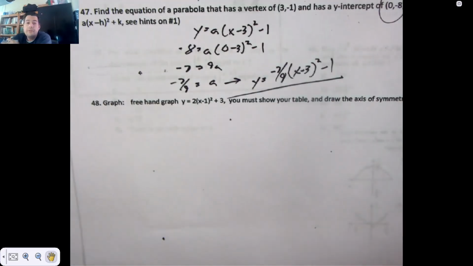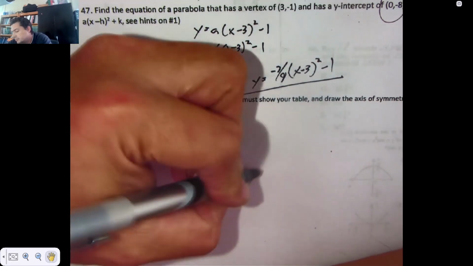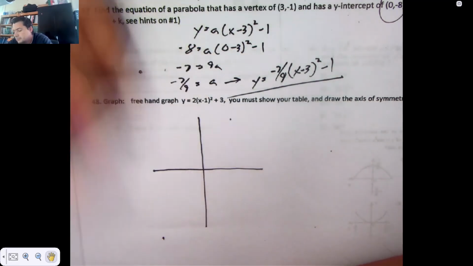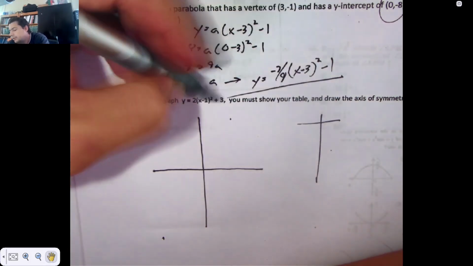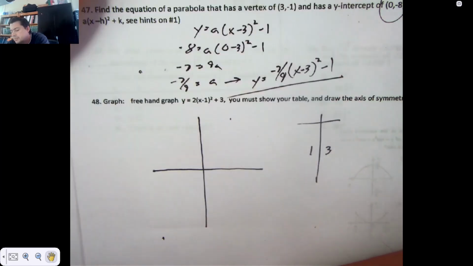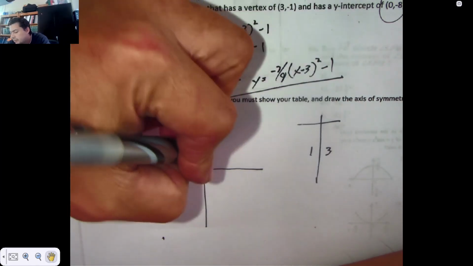And the last one that I have to do is to freehand graph 2 times x minus 1 squared plus 3. It says you must show your table and you must draw your axis of symmetry. All right, so my vertex is going to be at 1, 3, smack dab in the middle. There's my vertex. To the right one, rise 3.